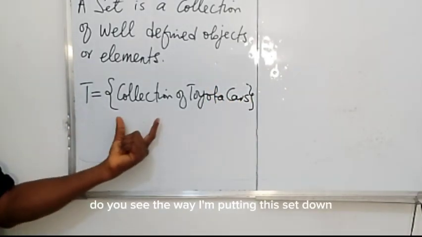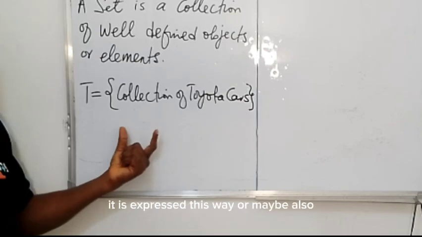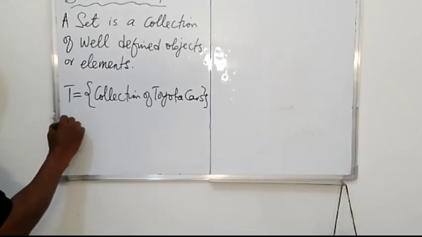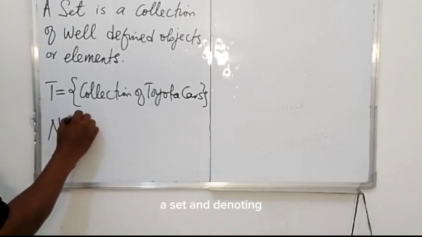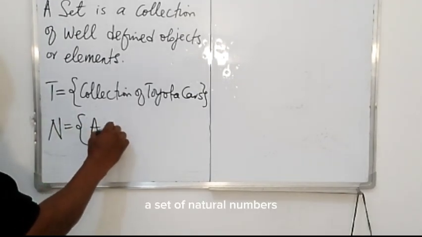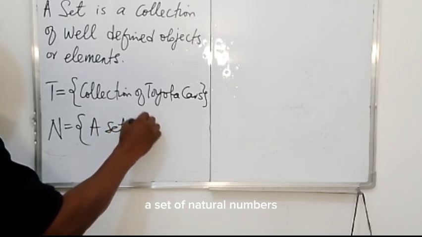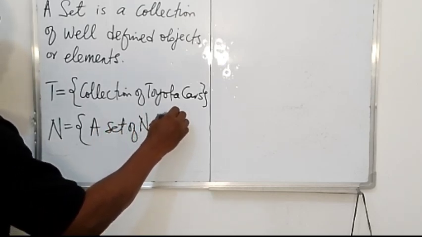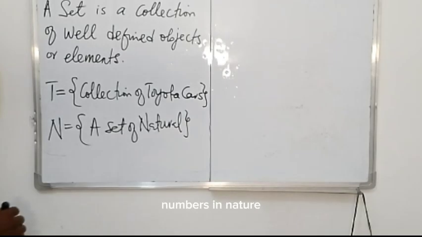So do you see the way I'm putting this set down? It is expressed this way. Or maybe also a set N denoting a set of natural numbers, so numbers in nature. So this is how a set is expressed, my dear students and viewers.